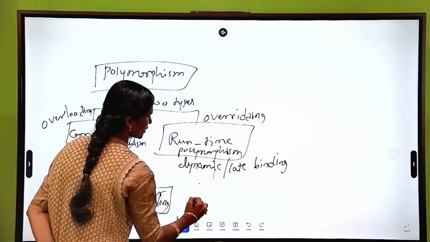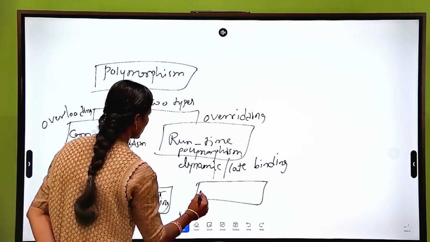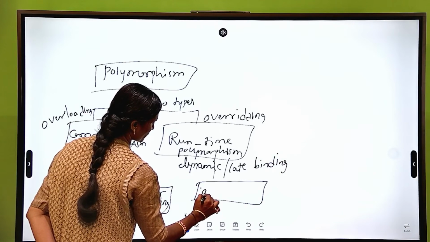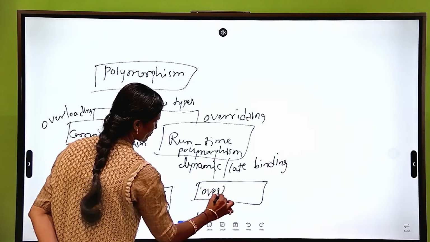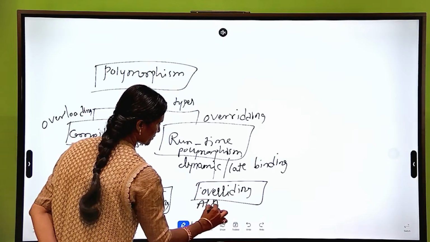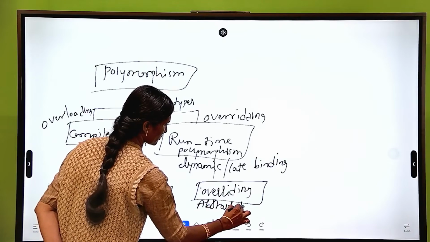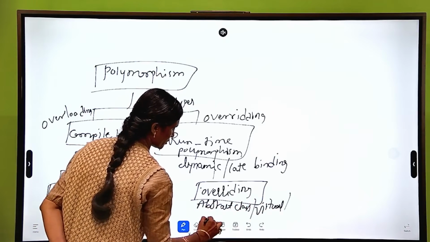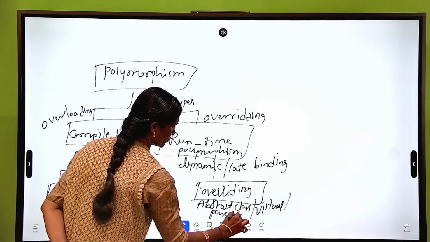The runtime polymorphism is achieved by overriding, that is using an abstract class, or a virtual function or a pure virtual function.